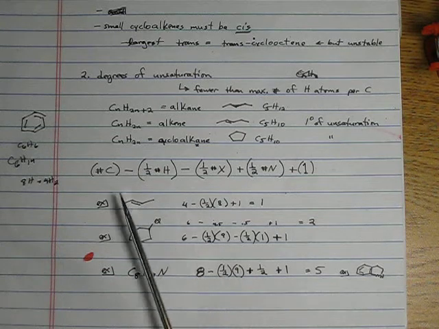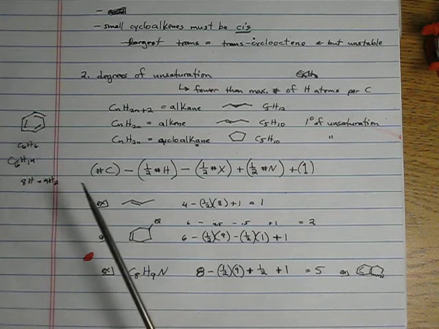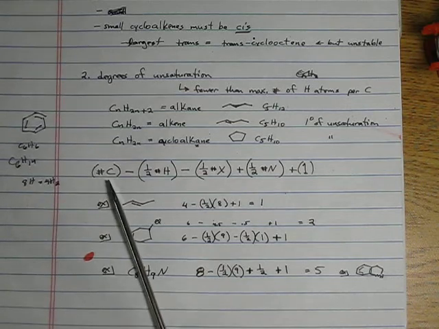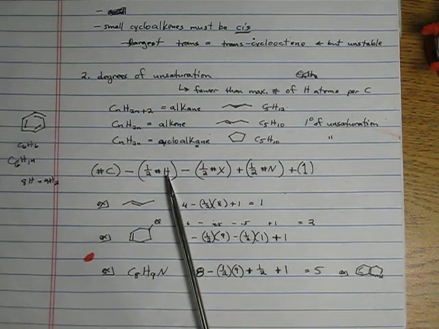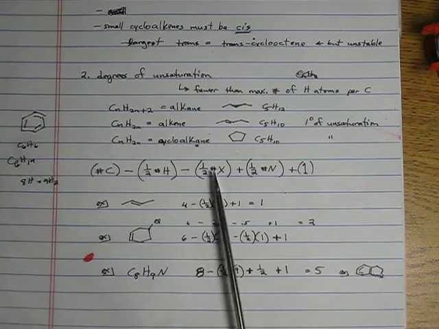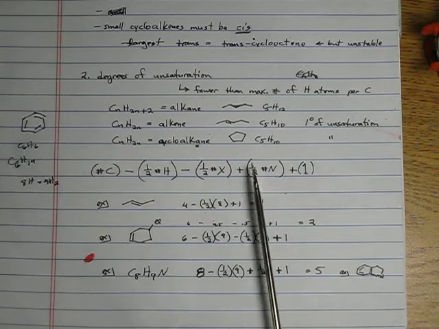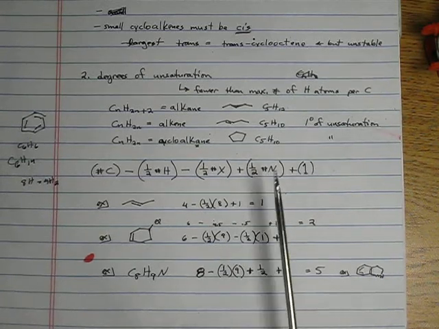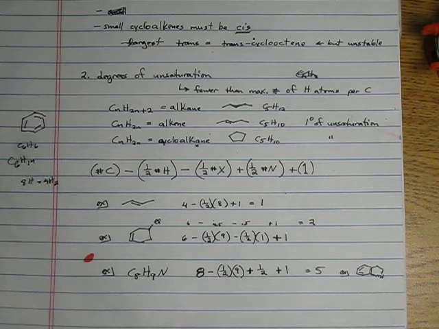And so here's the formula. Note, different books have different formulas. Don't mix them up. Use my formula for how to calculate the degrees of unsaturation. The degrees of unsaturation will be the number of carbon atoms, minus 1/2 the number of hydrogen atoms, minus 1/2 the number of halogen atoms (X stands for halogen), plus 1/2 the number of nitrogen atoms, plus 1. And this works for almost every molecule.